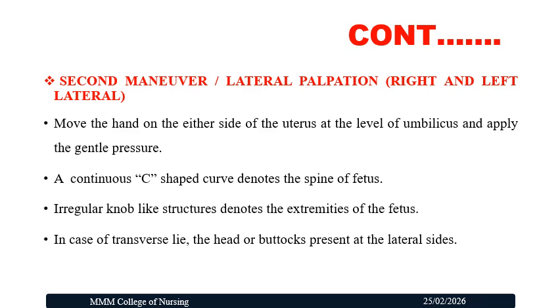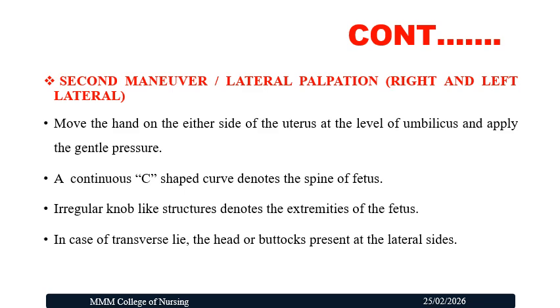Coming on to the second maneuver, which is the lateral palpation, right and left. Move the hands on either side of the uterus at the level of the umbilicus and apply gentle pressure. With the help of the left hand, push the fetus towards the opposite direction. We are supposed to do the left lateral palpation first. If you get a continuous C-shaped curve, it denotes the spine of the fetus.